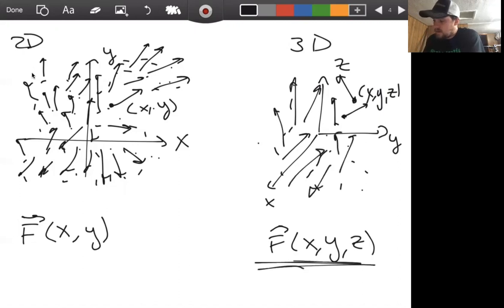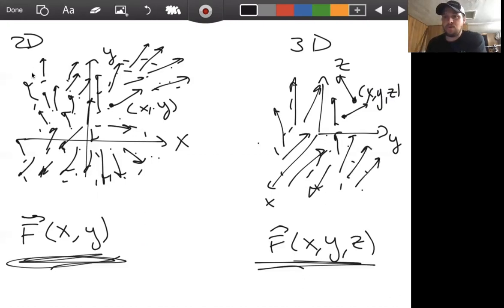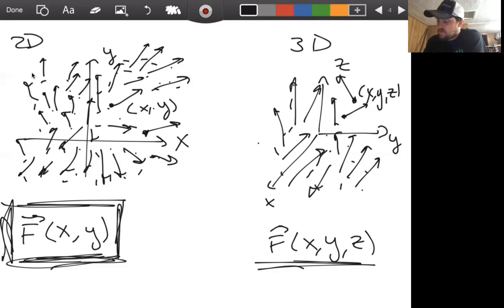It depends on the expression that's given for the function. And how do you know what the vector field is going to look like? Well, you have to plot a bunch of points to get samples for what this starts to look like, which is the vector representation of these vector fields, right?